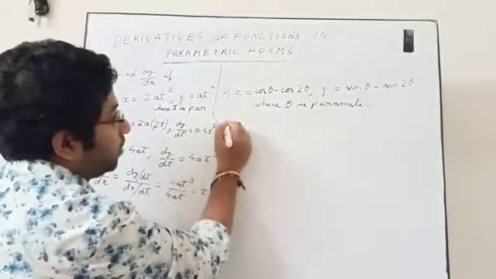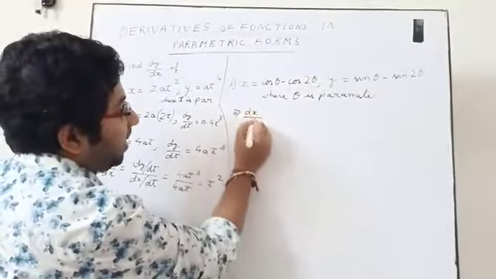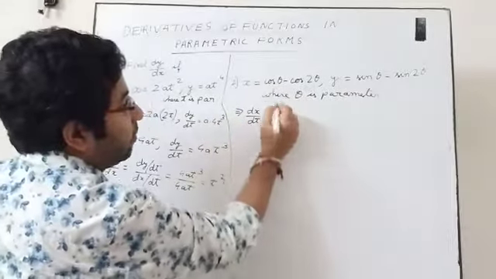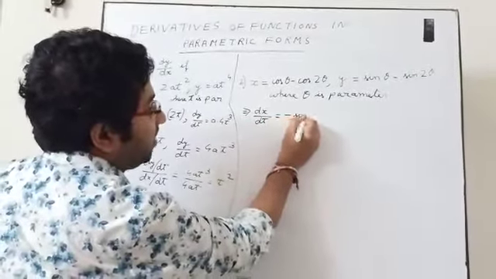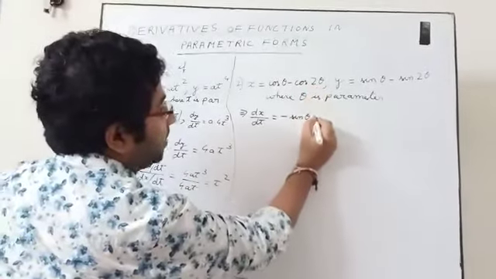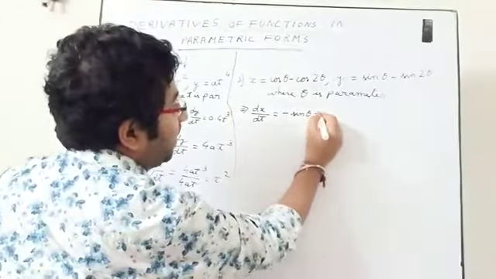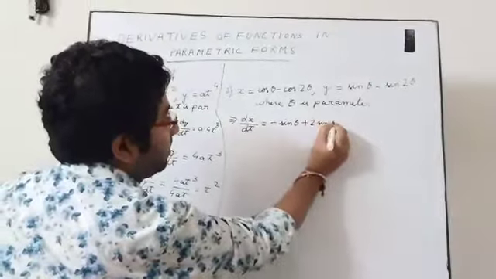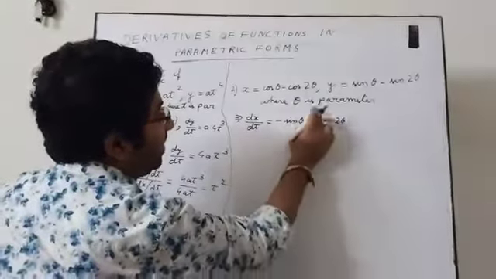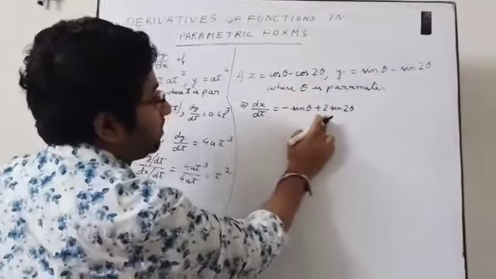So do dx by d theta. The derivative of cos theta is minus sin theta, and the derivative of cos twice theta will be minus minus plus plus twice sin twice theta, because the derivative of cos is minus sin and with the chain rule, 2 will come out.